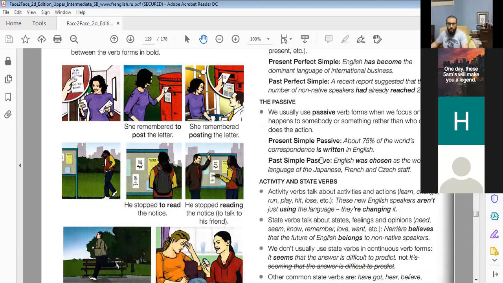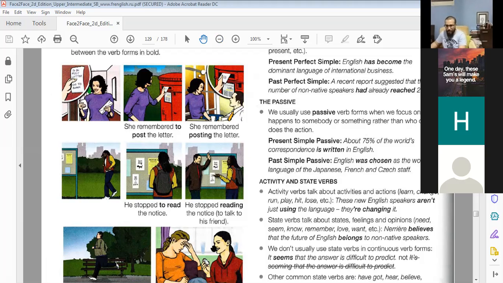Passive, as most of you are already aware, is going to become a very important part of academic English in general, and even English used for scientific or academic purposes. So this is also quite important.